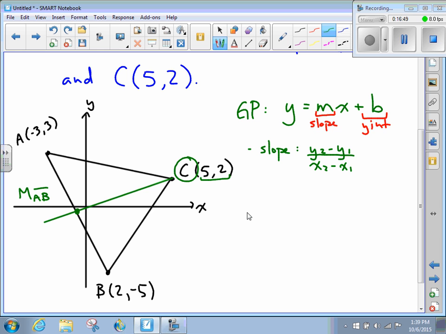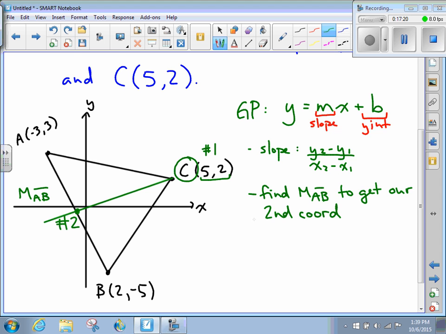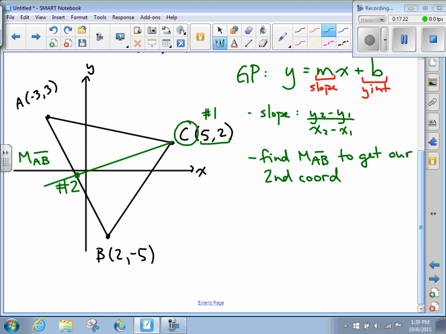But the problem there is we only have 1 point. We need a second point. We need this one right there in order to be able to find the slope of that median. So we're going to have to find the midpoint of AB to get our second coordinate. Once you've done that, we will have something called a partial equation. That's new.